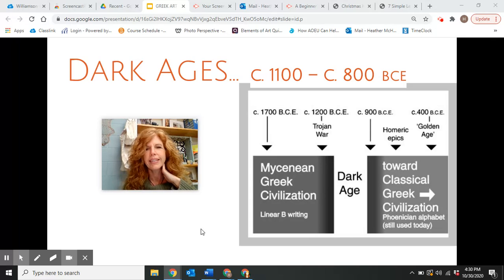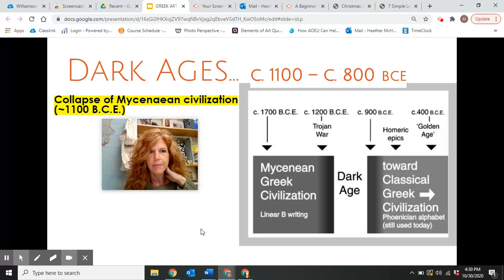So you see Mycenaean happens. They actually have an early form of writing that predates cuneiform, called Linear B. And then the Dark Age happens, and then this amazing Enlightenment, kind of like what happens with the Renaissance later in Western Europe. Okay, so let me move on.